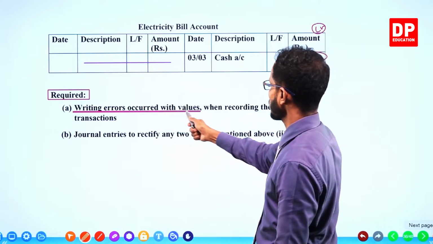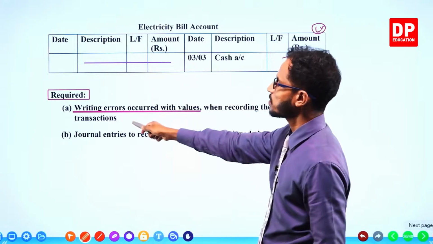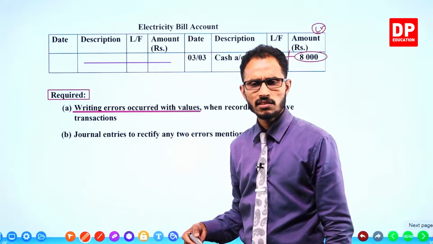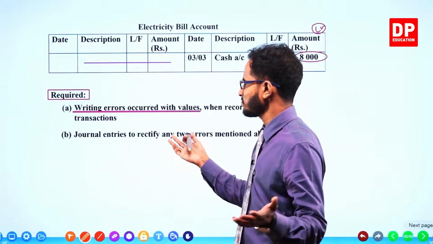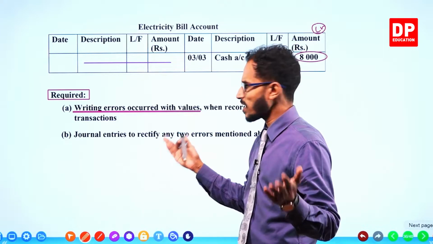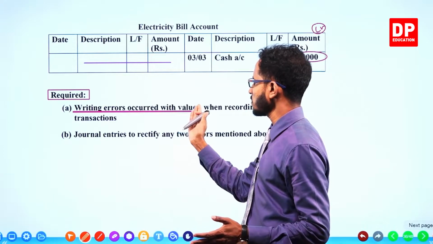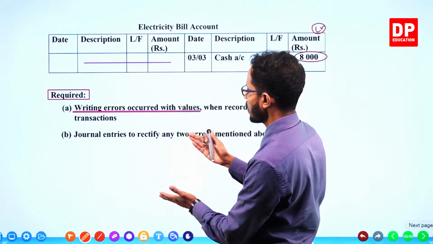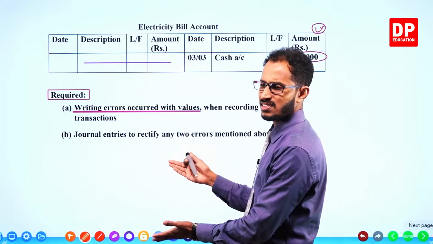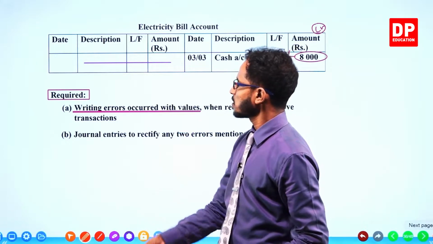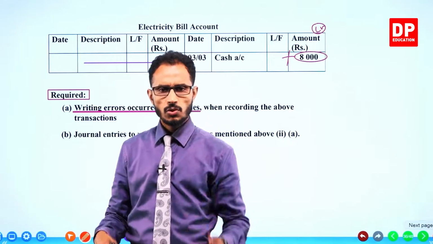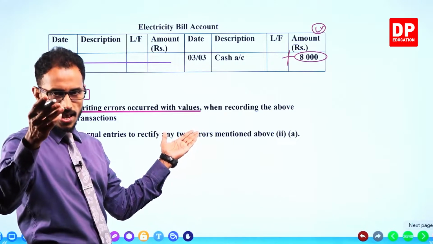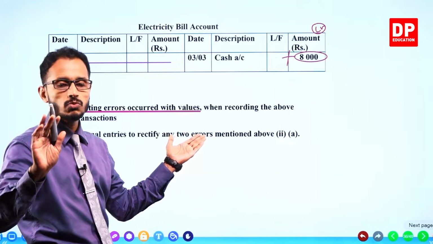Writing errors occurred with values when recording the above transactions. We have to write errors. Now we already wrote, yeah. So is it a good idea to write the errors again here on this slide? No, it's a waste of time. We just wrote all the errors. Okay, I will go back to those errors and advise you on how to write.